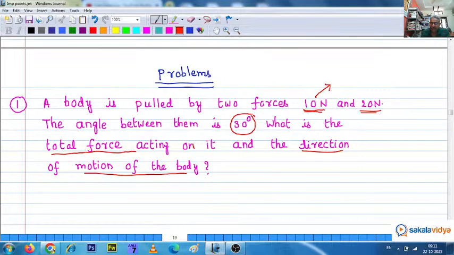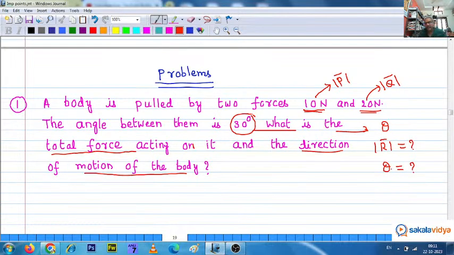Let us say this is P and this is Q. The modulus of P and the modulus of Q are given. This is theta, the angle between them. The total force means the resultant R bar, which you need to find out. And next, the direction of the motion of the body, that means we need to find out theta.